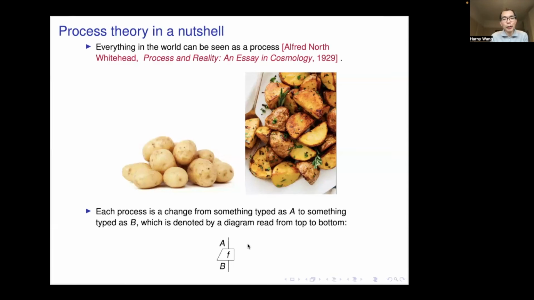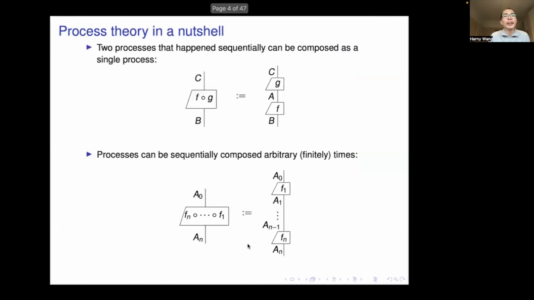But then how do these processes interact with each other? Basically there are two ways. One way is that two processes happen sequentially, one after another.